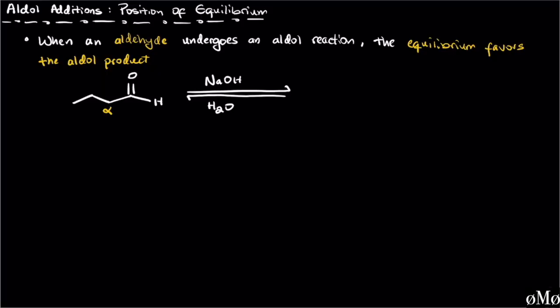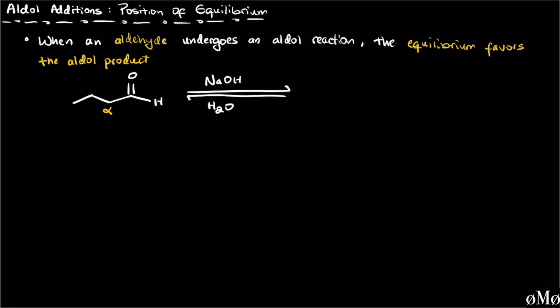So let's say you have this particular aldehyde right here, and you treat it with sodium hydroxide in aqueous conditions. You can always have an aldol addition product. Recall that because you're under basic conditions, you will always have an equilibrium between the aldehyde form and its enolate form in which you deprotonate that alpha position.